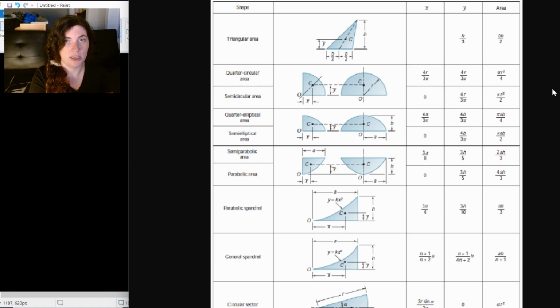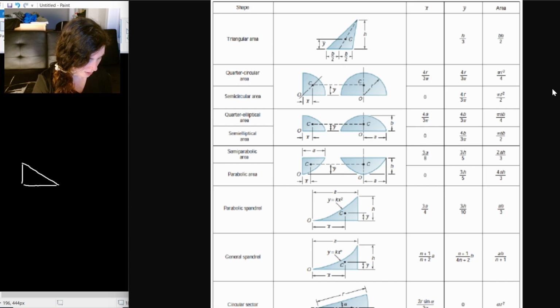It's going to be 1/3 of the way of the triangle, 1/3 of the base. So if this were a triangular loading and this length was 3 meters and I had a distributed load across that 3 meters, my resultant force for that would be 1 meter in.